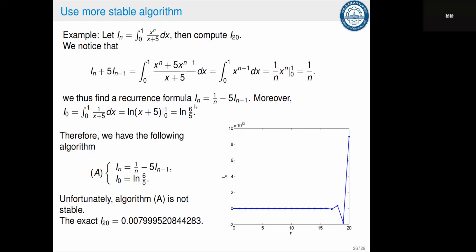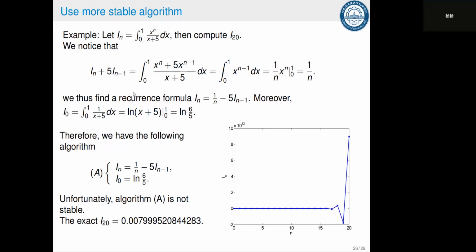So you will see if I can find some initial value such as I_0, which is just to substitute n by 0, that is the integral of 1 over x plus 5. This is just a log of x plus 5 for x from 0 to 1. So you find this is equal to log of 6 over 5.